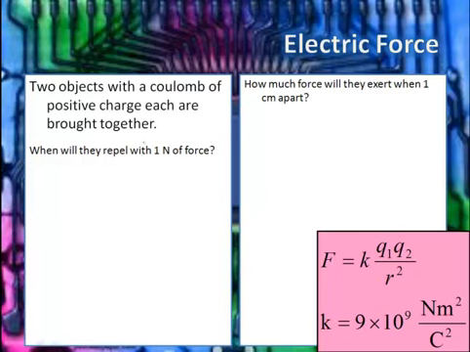So you can use the same equation, but here we know the amount of force. Let me write it a second, then I'll start filling in some things. Here we know the amount of force we're interested in is 1 newton. K is the constant, 9 times 10 to the 9th. The charge we put on each balloon is 1 Coulomb, and we're interested in the distance between them squared, or in the distance between them.